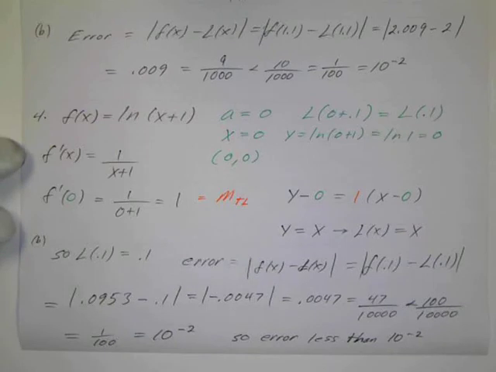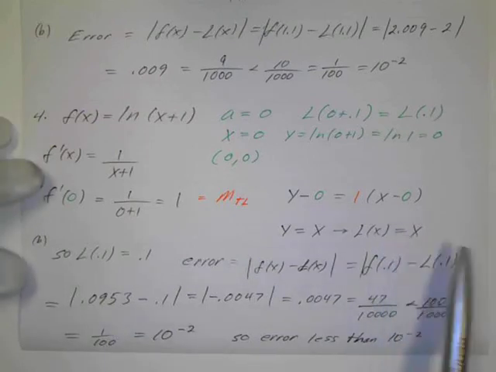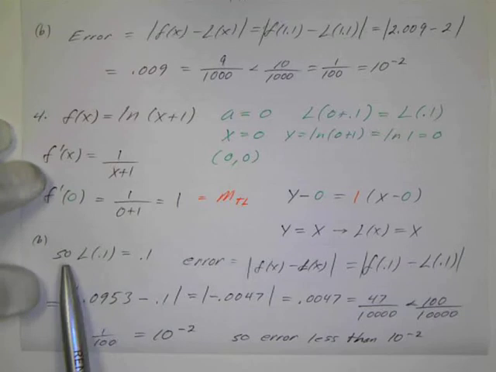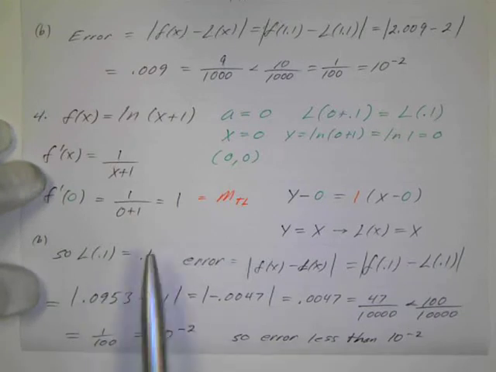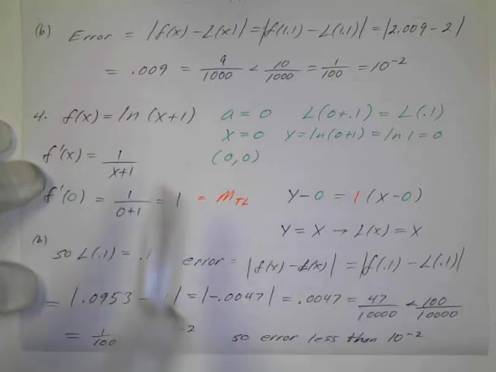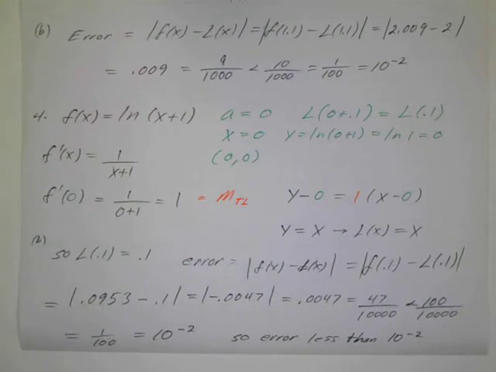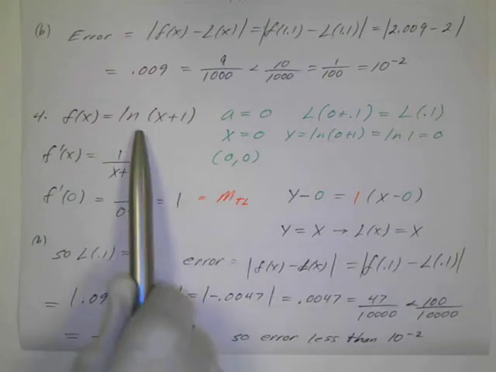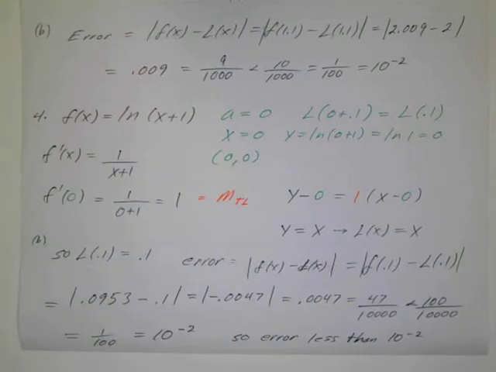Now in order to find the error, like I said, L of x is just x, so L of 0.1 would just be 0.1. That's identity. Okay, so what's the error? Well, if I put 0.1 into this, I take the natural log of 0.1 plus 1, which is 1.1. And I calculated it out.